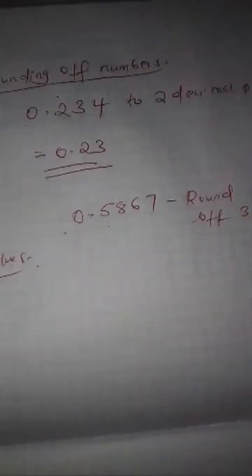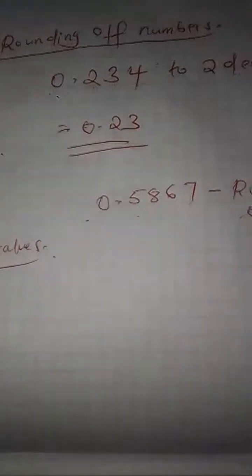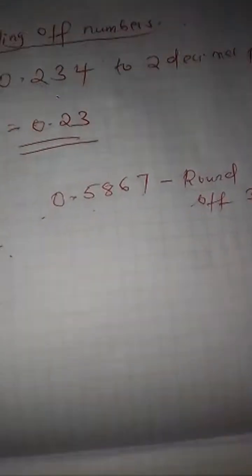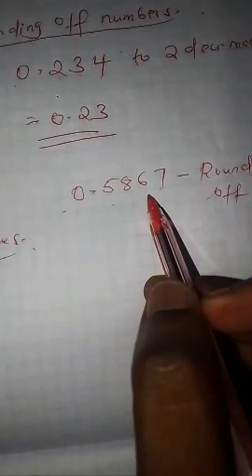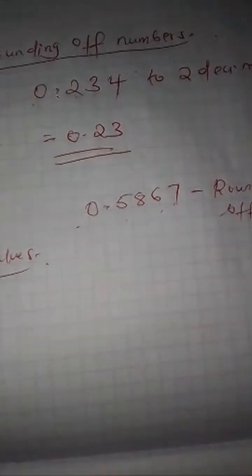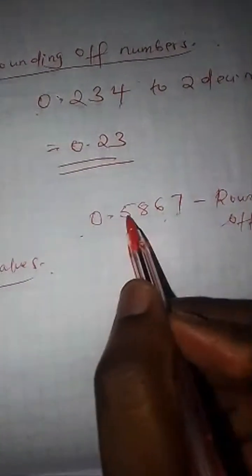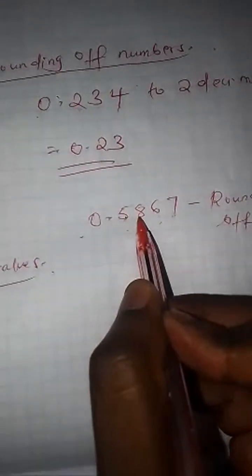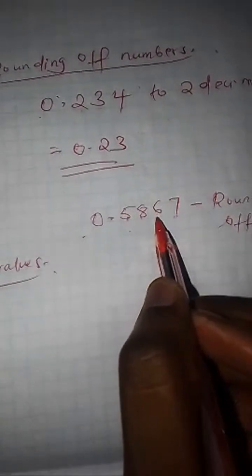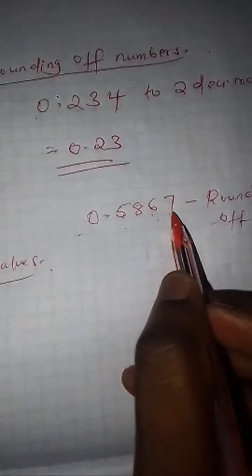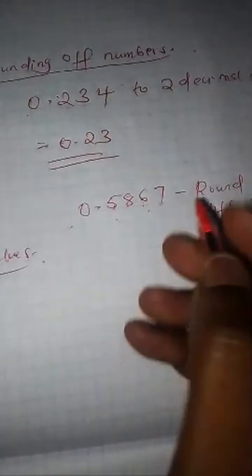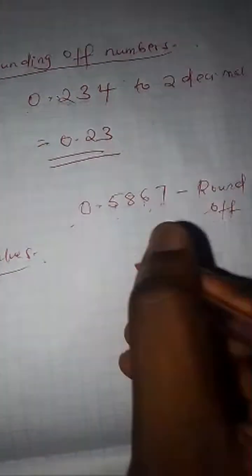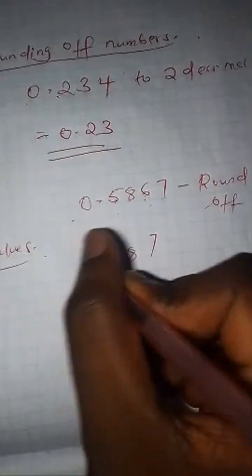How many? Someone to try. Okay, so this number has 1, 2, 3, 4. It has 4 decimal place values. And we are asked to round off to 3 decimal places. So we count from here, 1, 2, 3. We stop there. Then we look at the 4th digit. If it is more than 5, like this one, then you add 1 here. So that 6 plus 1 becomes 7, giving 0.587.